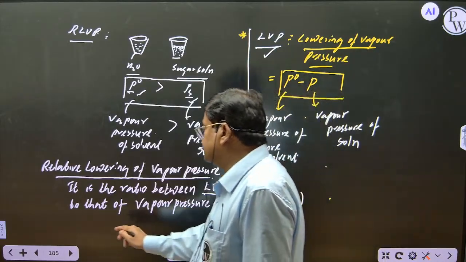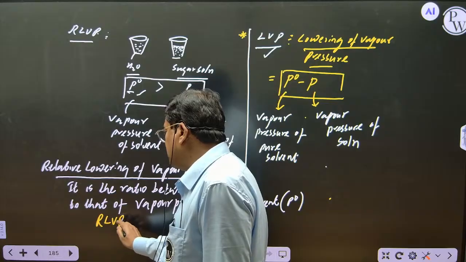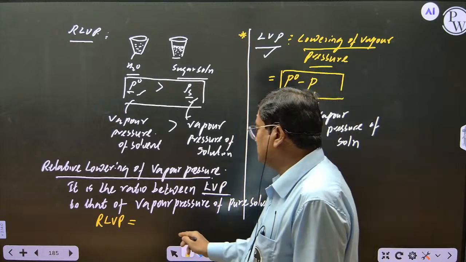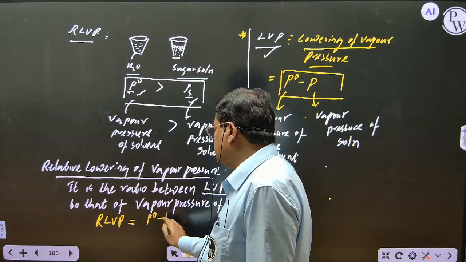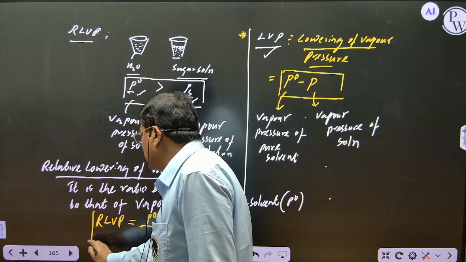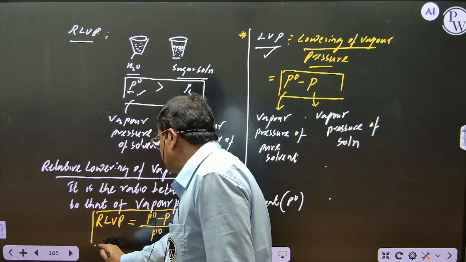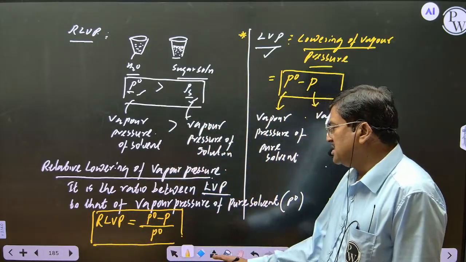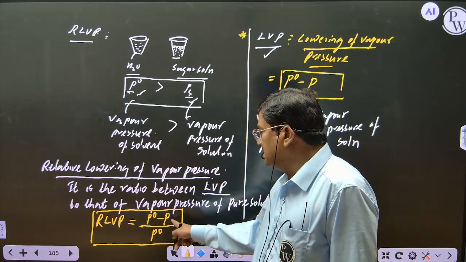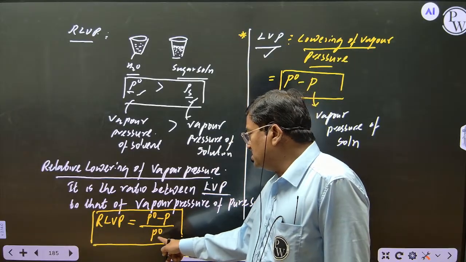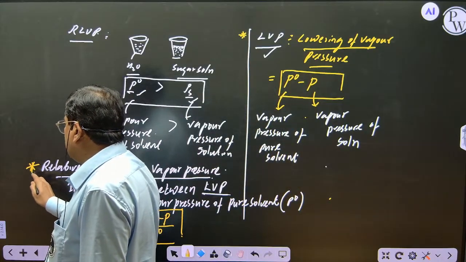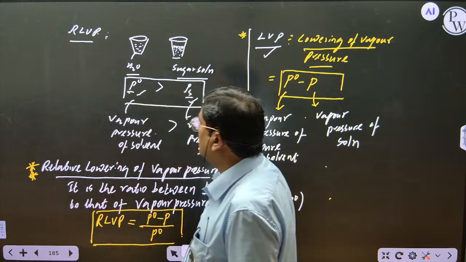RLVP, relative lowering of vapor pressure, is equal to lowering of vapor pressure, that is P naught minus P, divided by P naught. This is what we call RLVP. This is important, put a star mark and mention the terms here, where P naught is the vapor pressure of the pure solvent and P is the vapor pressure of the solution. Understood, all of you? This is what we define for RLVP, very, very important. Copy this relation.